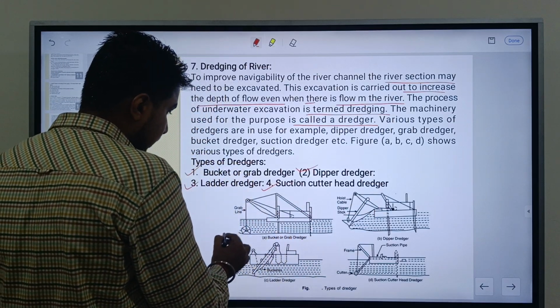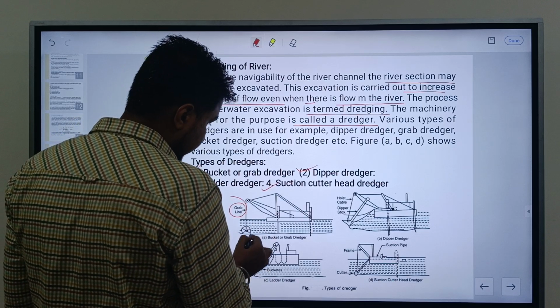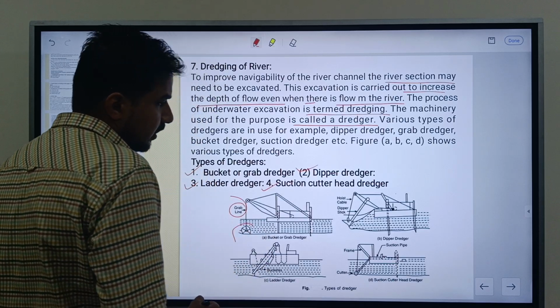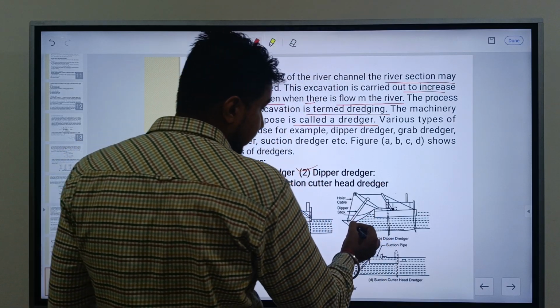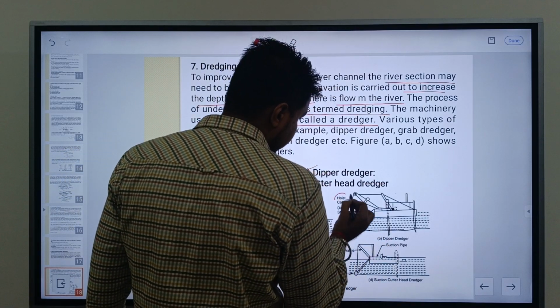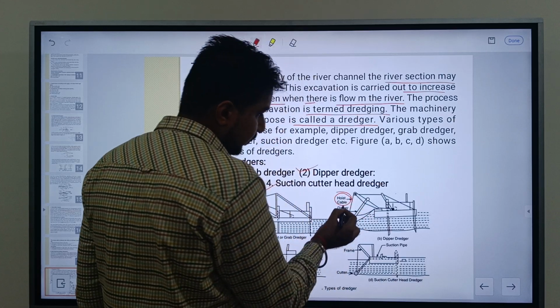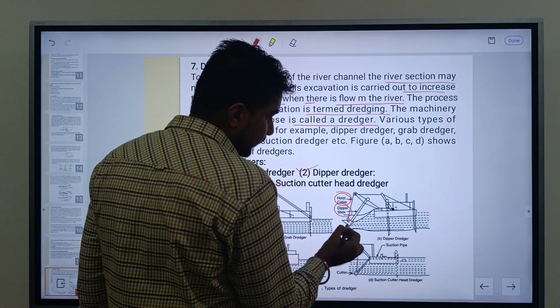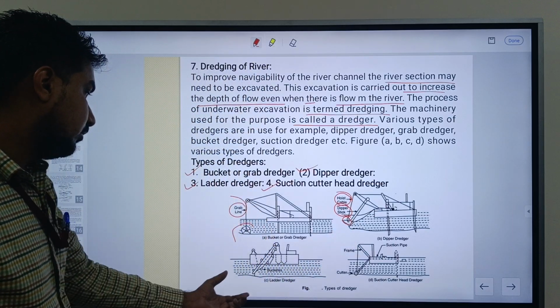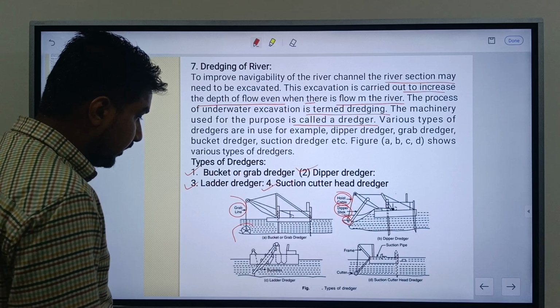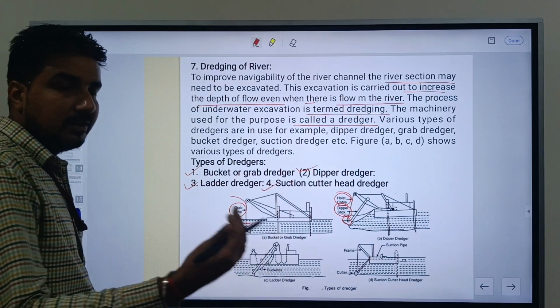This one is the bucket type. Here is the grab line, here is the bucket that is useful. Okay. Now next one is the dipper dredger. The dipper dredger has a hoist cable, and due to this hoist cable, a dipper stick is mounted, and this is for the dredging purpose. Now the third one is the ladder shape. As we can say, ladder means CD.